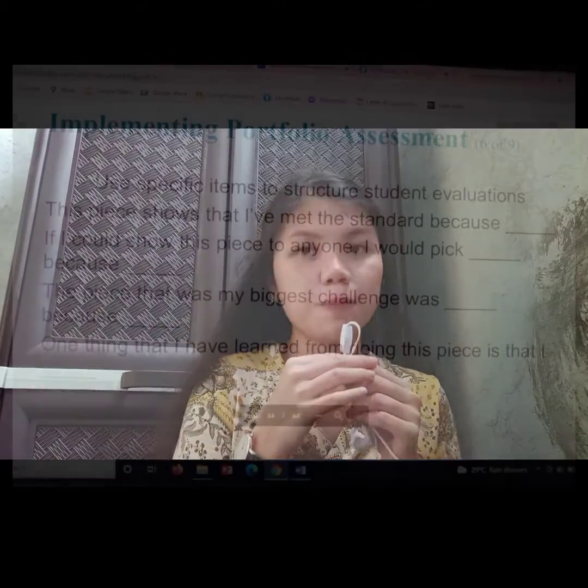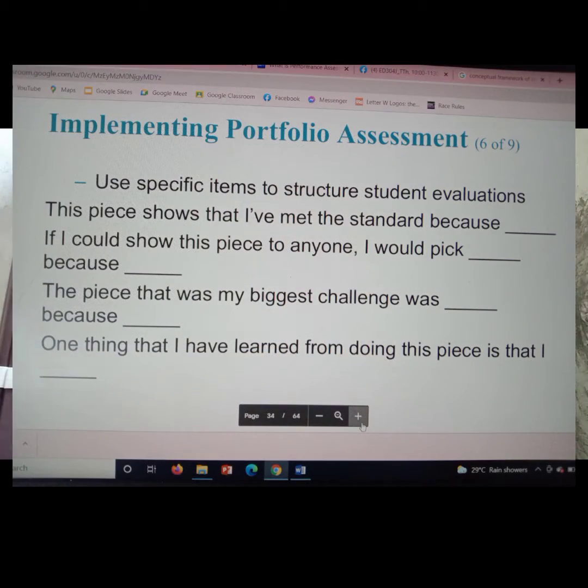So for instance, our specific item goes like this: the piece that was my biggest challenge was talking with foreign people because I am not good at speaking English. However, I believe that I overcame such a challenge because there were people who believed in me and in my capacity to overcome such challenges.